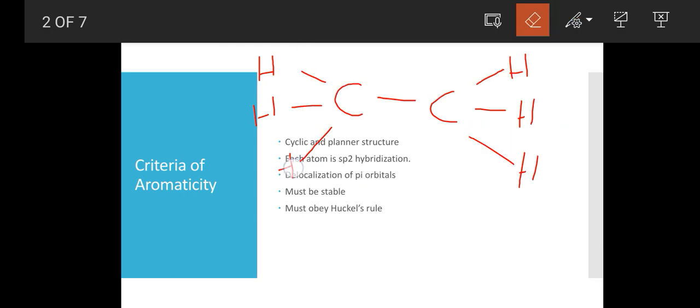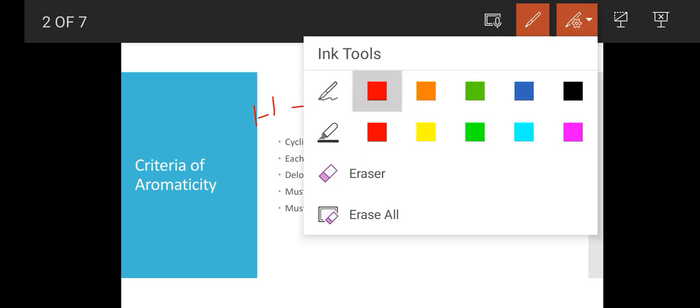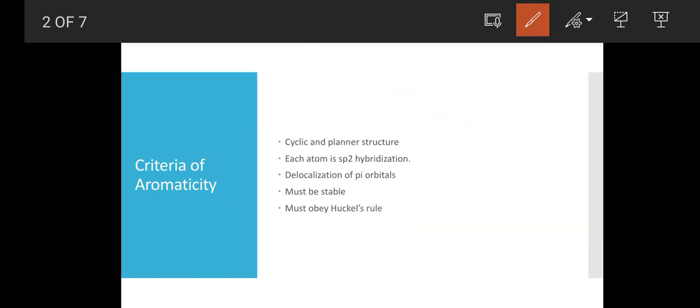In this structure we remove one hydrogen, and this type of bond shows an alkene. Then we remove one more hydrogen here, and this bond shows an alkyne. So that's all about the aliphatic compounds.